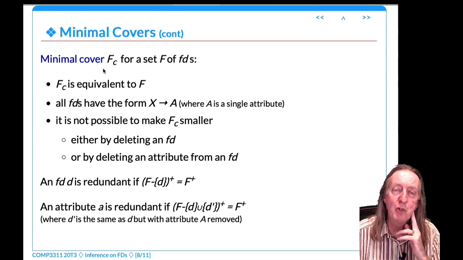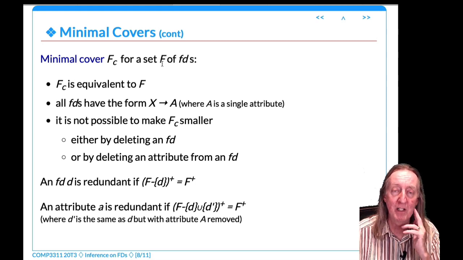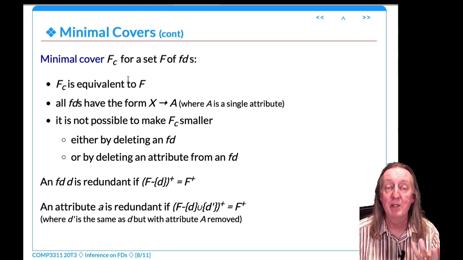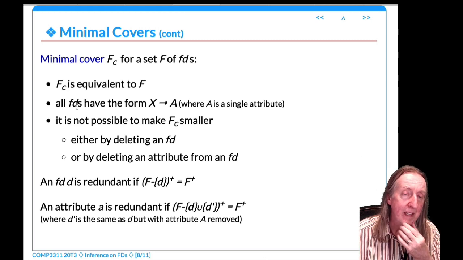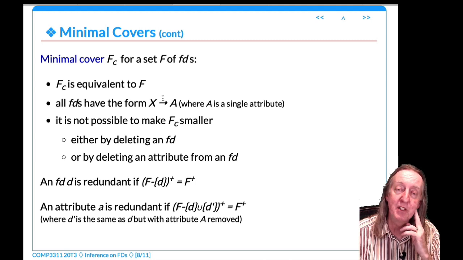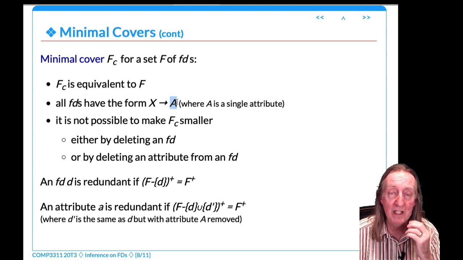Alright, so the minimal cover for a set of functional dependencies has to be equivalent. There's obviously no point considering it if it's not. And now we require certain properties on the minimal cover. All of the functional dependencies have this form, and the right-hand side always has to be a single attribute.